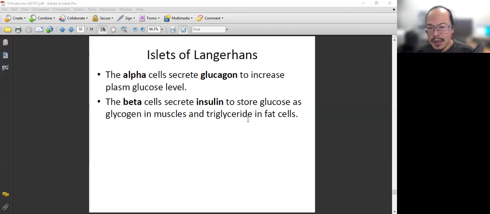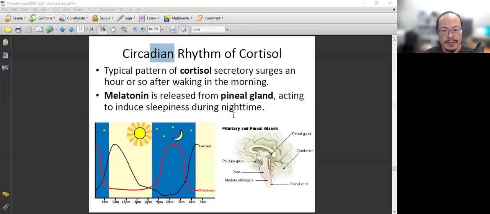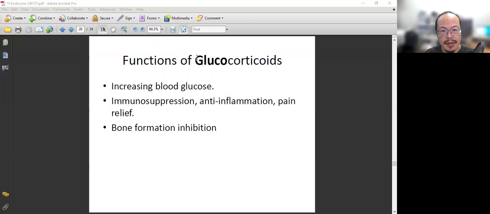What do they do? Glucagon increases blood glucose level. So when your blood glucose level is low, glucagon increases it. The function is very similar to cortisol, glucocorticoids, which we just mentioned right here.